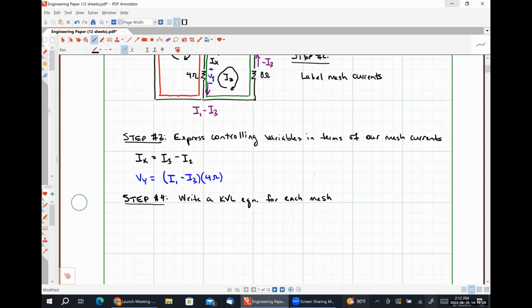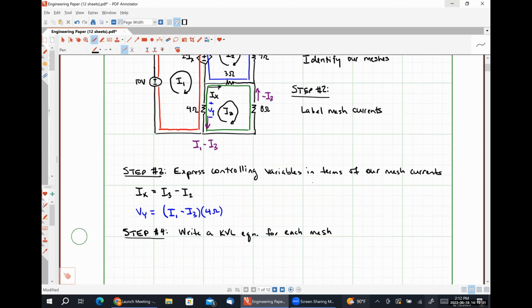And we are going to follow that mesh current around its clockwise path. So I'm just going to write KVL equations here like I've written them at every other point in this class. I'm going to start from the bottom left-hand corner of my mesh, and then I'm just going to follow that mesh current or the mesh currents around that clockwise path until I get back to the same node.